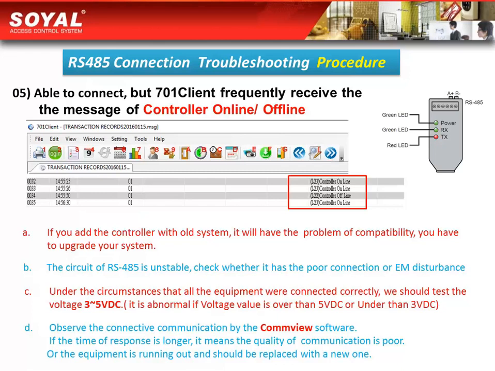It is abnormal if the voltage value is over 5 volts DC or under 3 volts DC. And fourth, observe the connective communication by the ComView software. If the response time is too long, it means the quality of communication is poor, or the equipment is running out and should be replaced with a new one.